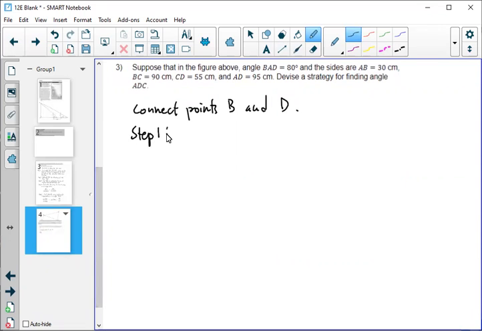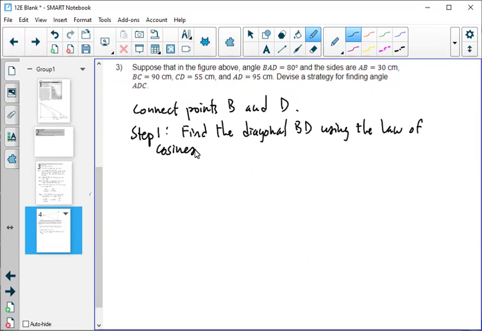We'll do step 1. We could find the diagonal BD using the law of cosines. We could apply that on triangle ABD.